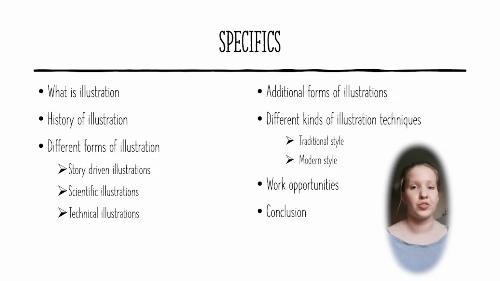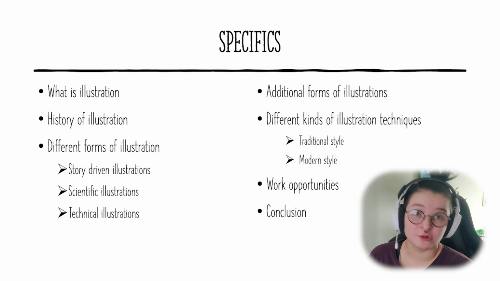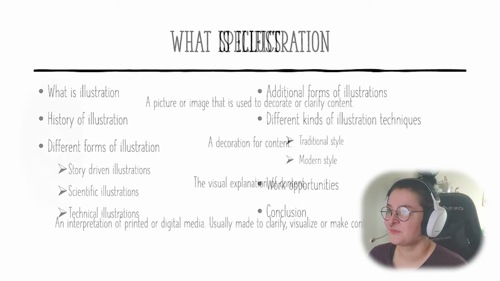There are different forms, different purposes for illustration, different fields, and then of course there are different kinds of techniques which are used to make them. And then maybe most practical for everybody to know what kind of work opportunities there are for illustrators. And then we go into the conclusion of this presentation.